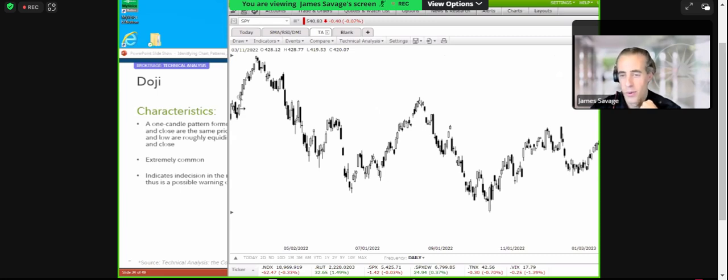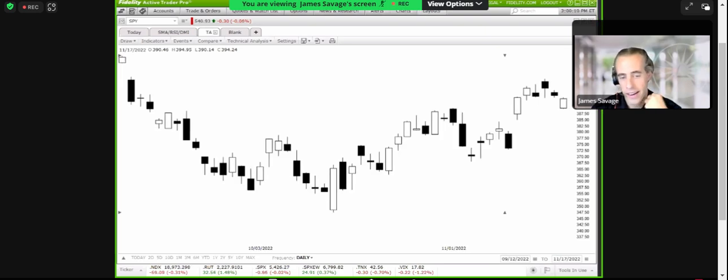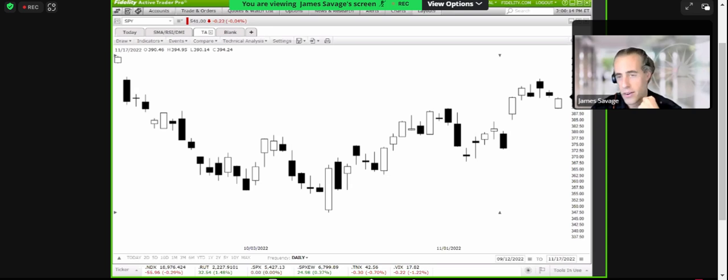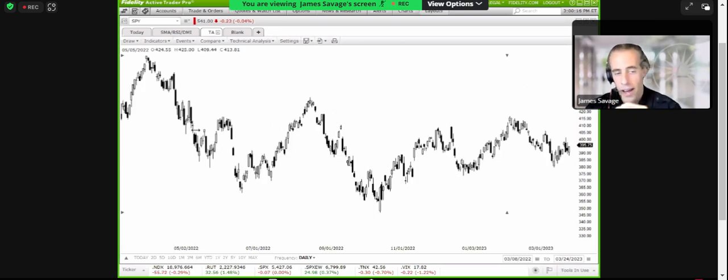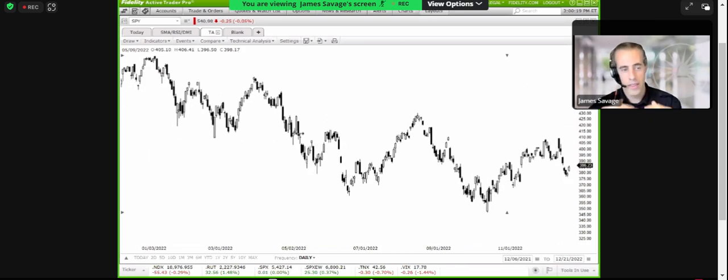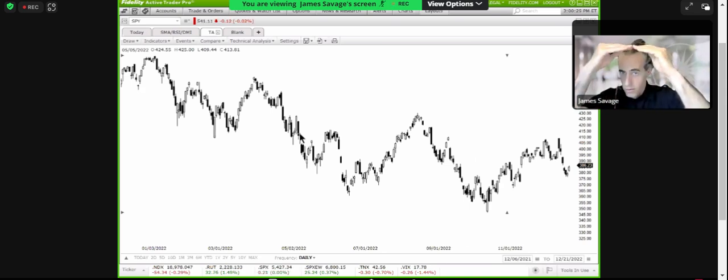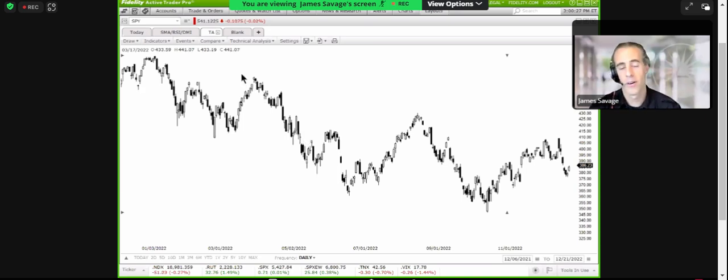And we'll show some other tools that we can bring in as an example. But as you look through these pieces on your charts going forward, I think the key aspect is going to be that very, very similar opening and close. And either it's going to be in the middle or towards the top or towards the bottom for it to fall into one of those categories. So that is going to be the doji.